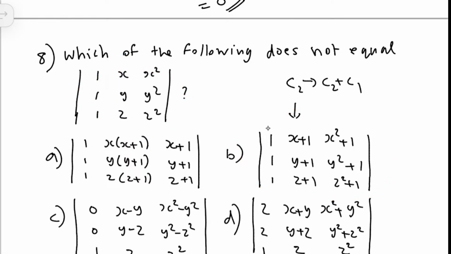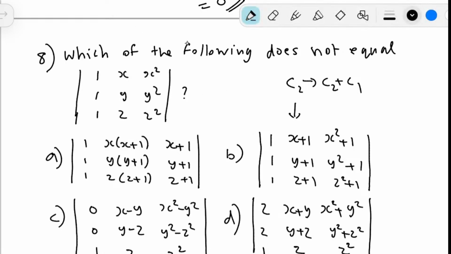Since column operation doesn't change the determinant, this option B is giving the same delta. If this is equal to delta, this is also equal to delta.